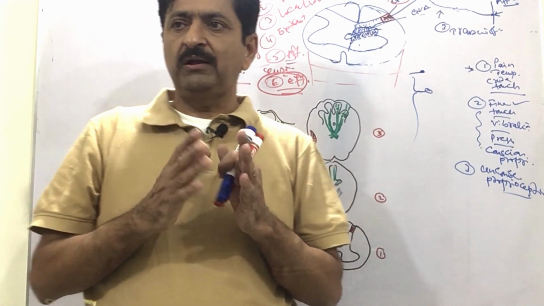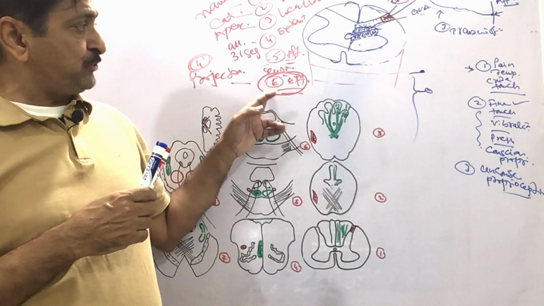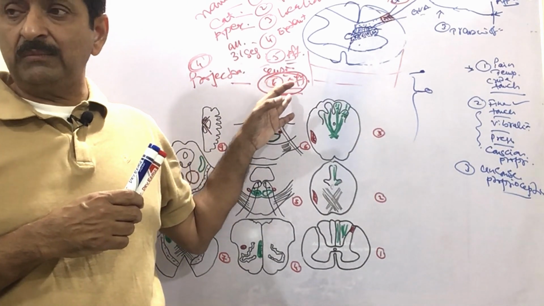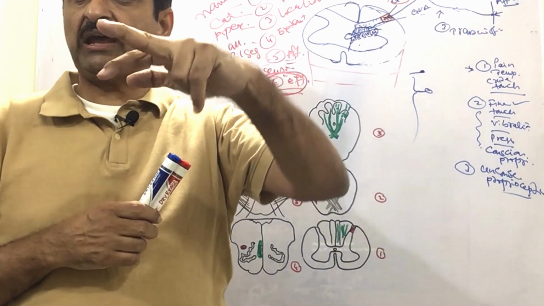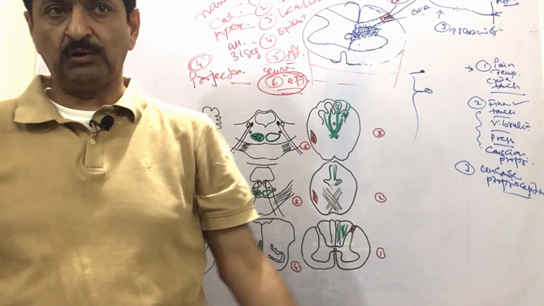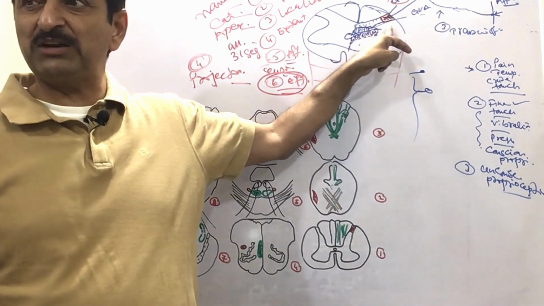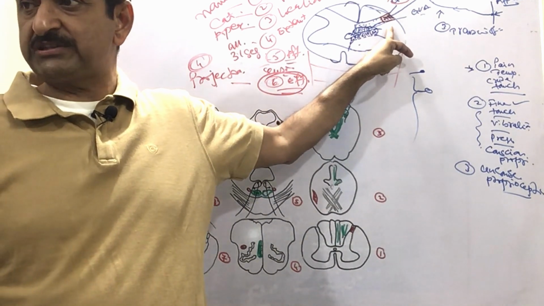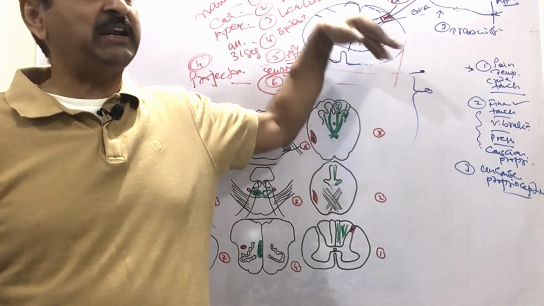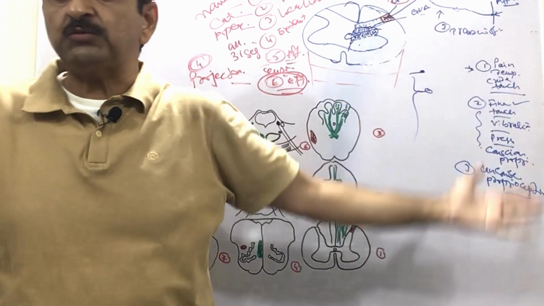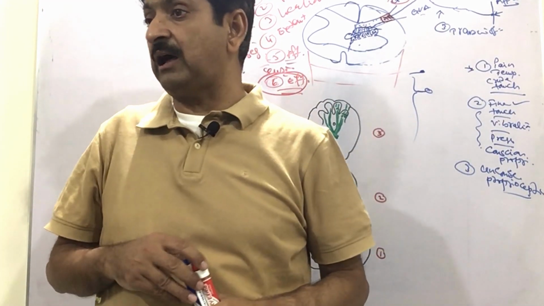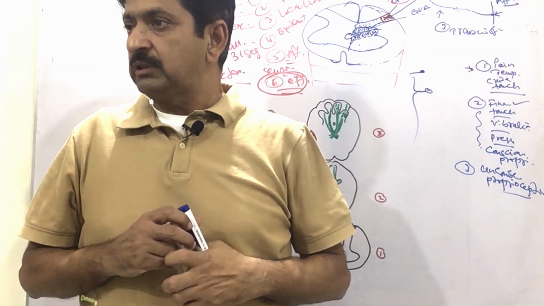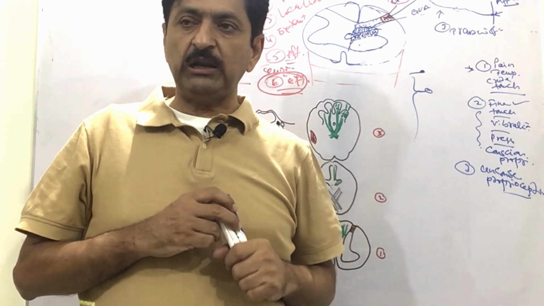But which neuron has accomplished the last two steps, the projection and perception? The second order neuron. And the second order neuron's cell body is present where? In the substantia gelatinosa of the spinal cord. So the pathway that has been created here, which has gone to the opposite side, is called the spinothalamic pathway. This is the spinothalamic tract, the spinothalamic pathway.